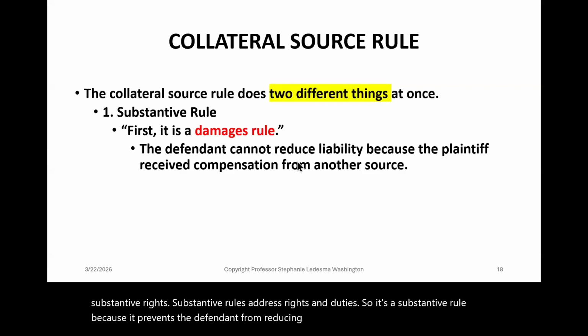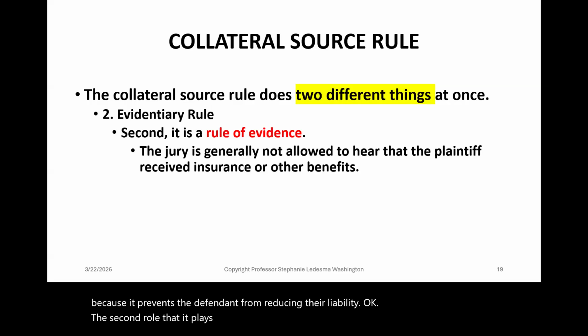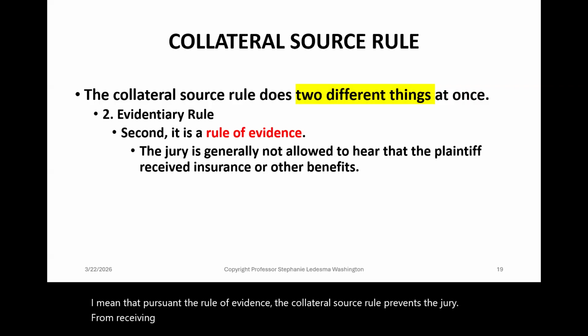The second role that it plays is it's an evidentiary rule. What do I mean by that? I mean that pursuant to the rule of evidence, the collateral source rule prevents the jury from receiving information about the plaintiff having received payment from some other source, right? So it's also a rule of evidence.